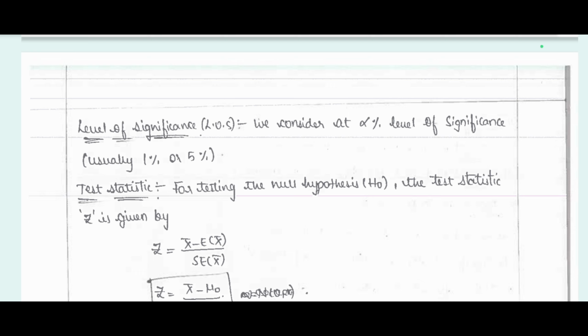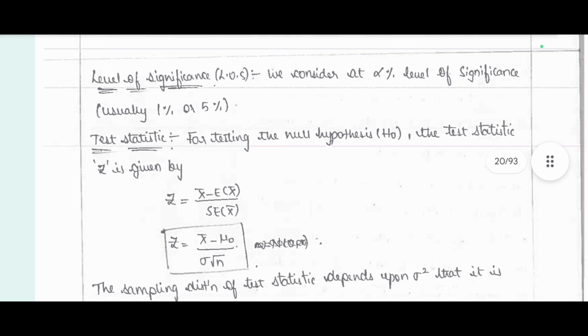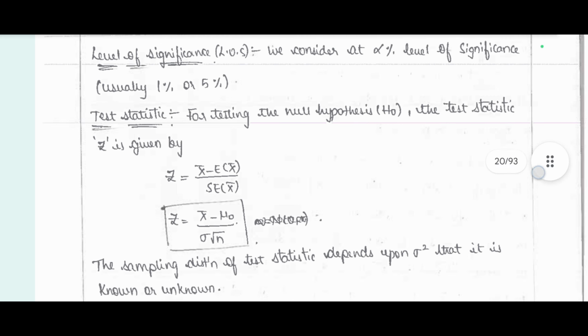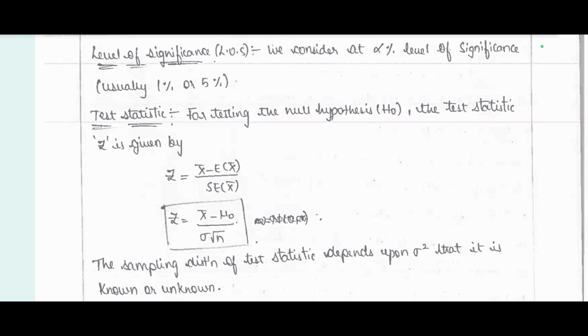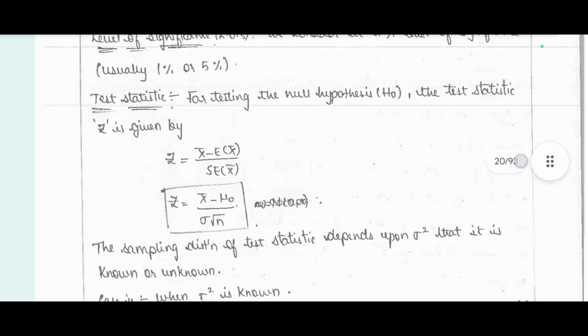Test statistic: the test statistic we may use for testing the null hypothesis. The test statistic Z is given by x bar minus expected value of x bar divided by standard error of x bar. The standard error is derived from the variance. So that is x bar minus mu or mu naught, divided by sigma divided by root n.